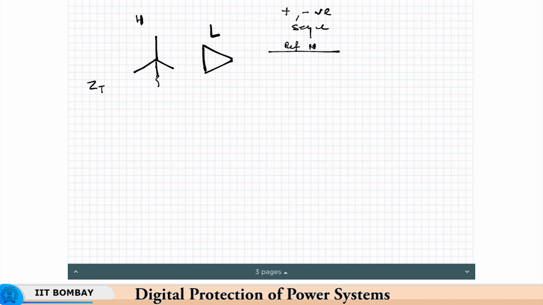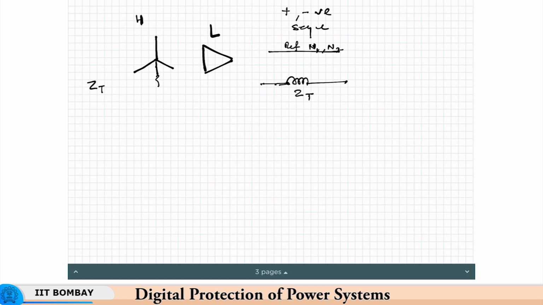The reference bus is usually denoted N, so either N1 or N2 for positive sequence and negative sequence respectively. For all transformers, the positive and negative sequence impedance will be equal to the leakage impedance of the transformer. So, it is ZT.